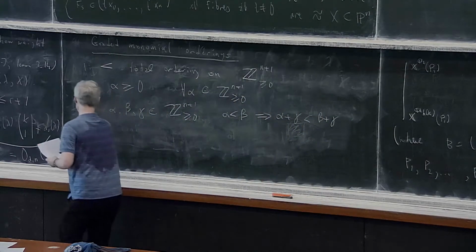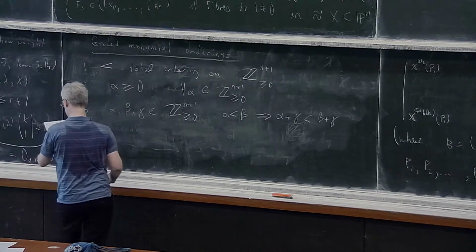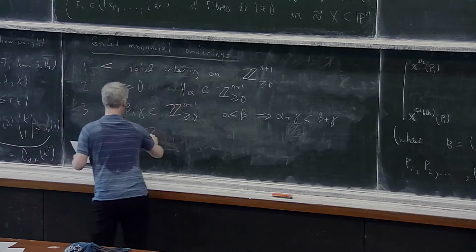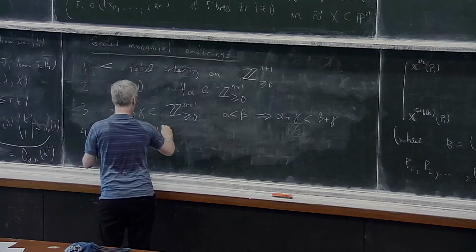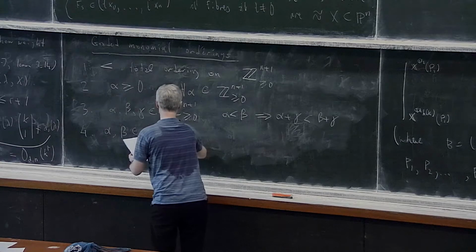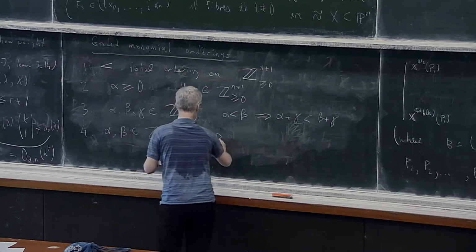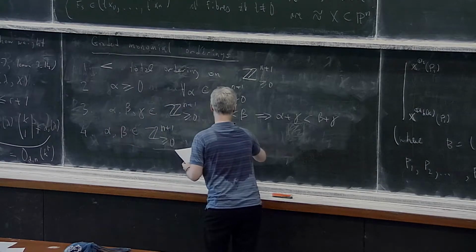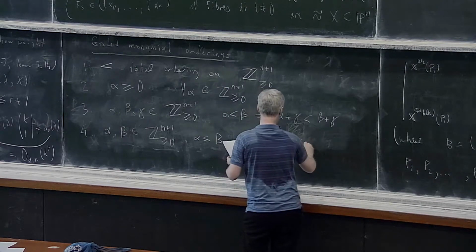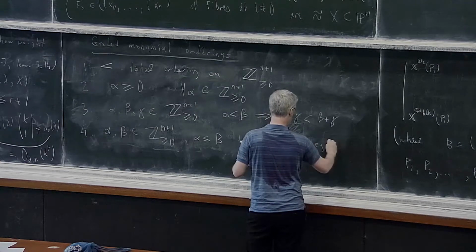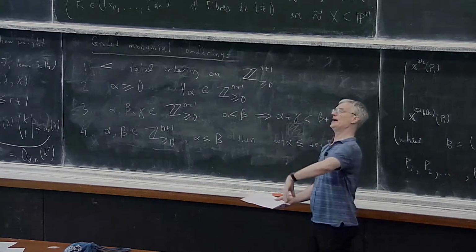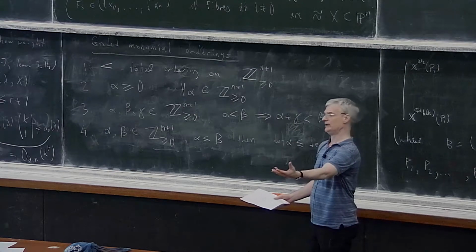And the fourth axiom is that if alpha and beta belong to Z_{\geq 0}^{n+1}, and alpha is smaller than beta, then the degree of alpha should be smaller than or equal to the degree of beta. So the lowest ones are always of degree 0, and then comes degree 1.